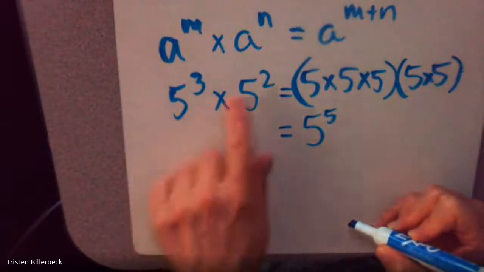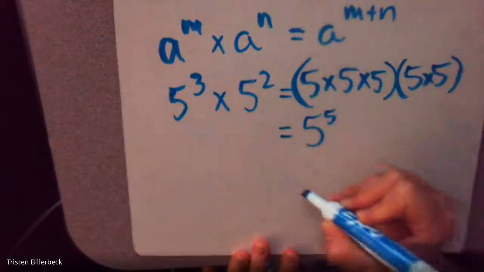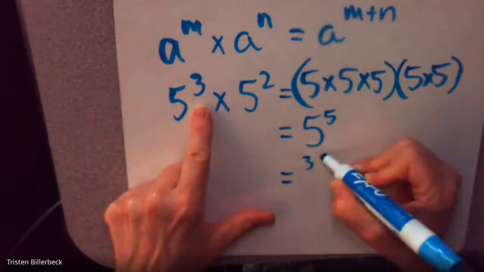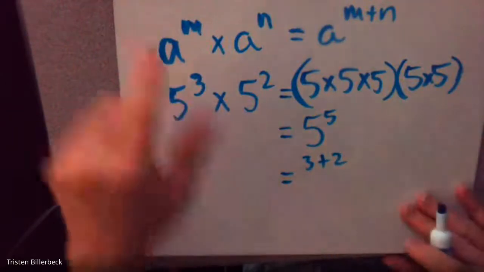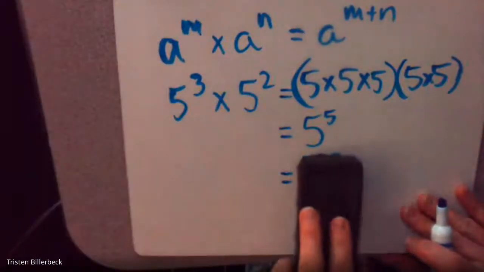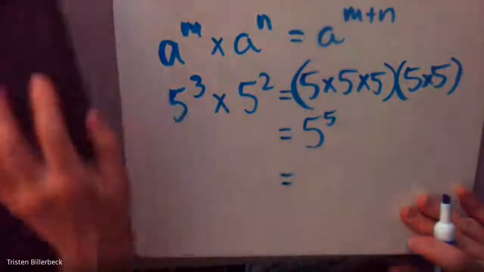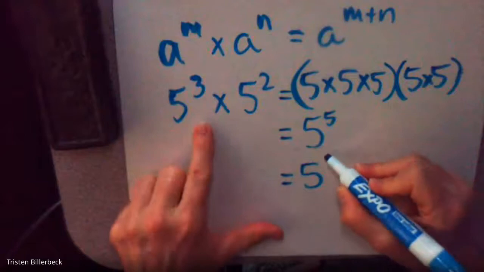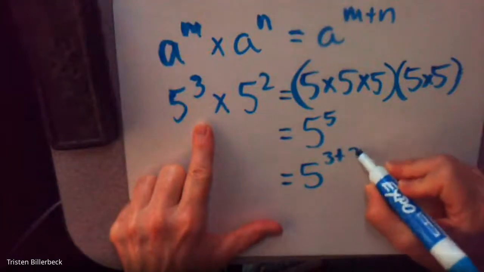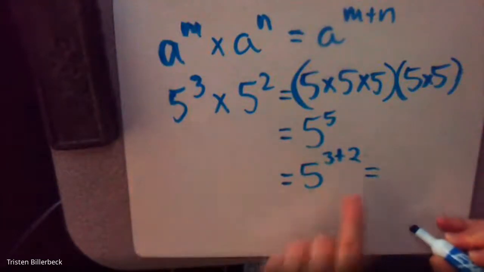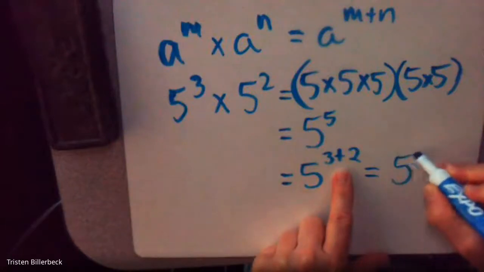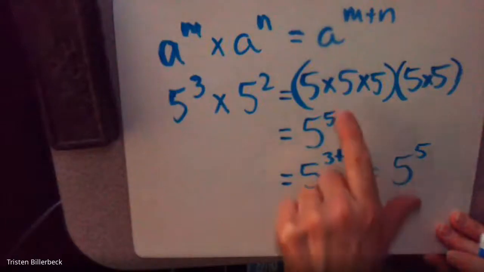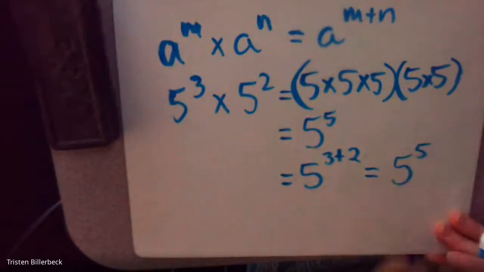Well, wait a second. This says we could have just added the exponents. So let's try that. If we added 3 plus 2, and remembered our base, we have to put our base here and then our exponents, 3 plus 2. Then 3 plus 2 we know is 5. Look at that, we could have just done this and gotten to here versus expanding it out.